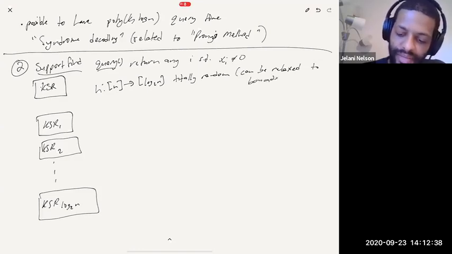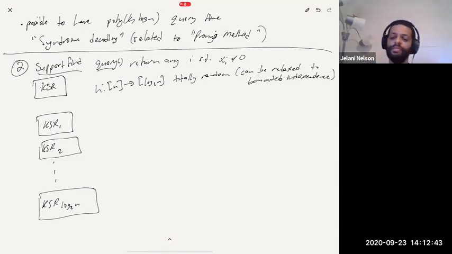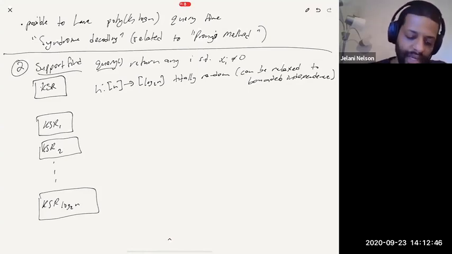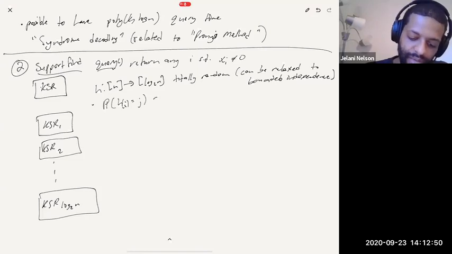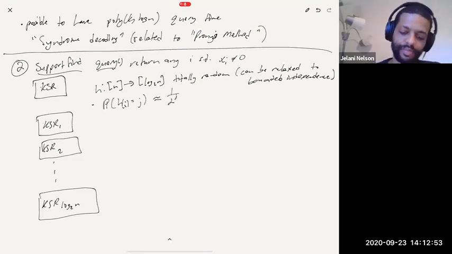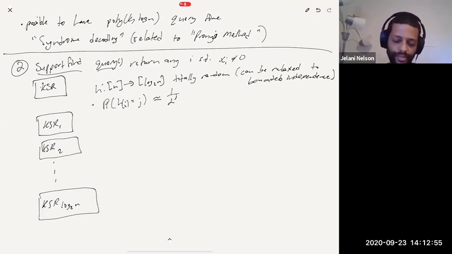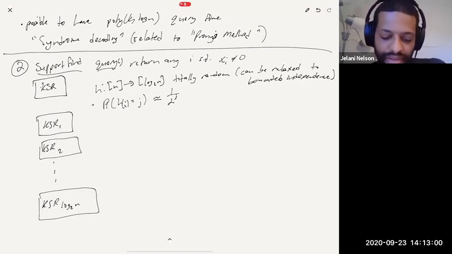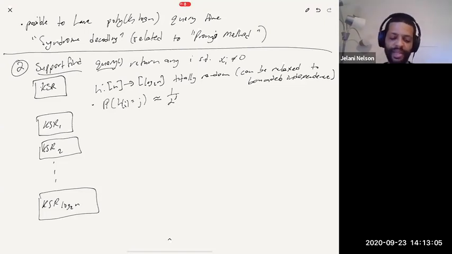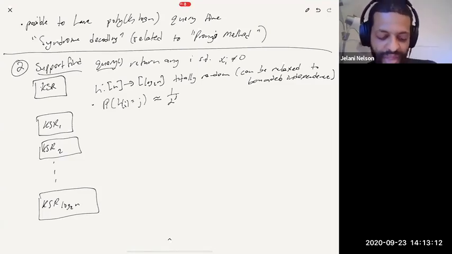I'll talk about that later. But we want the probability that h of i is equal to j to be roughly 1 over 2 to the j. It will be 1 over 2 to the j, except then the sum of the probabilities won't be 1. So at the very last level, the probability won't be 1 over 2 to the log n, but it'll be whatever it needs to be to make the sum be 1. Probably it'll be that up to a factor of 2.